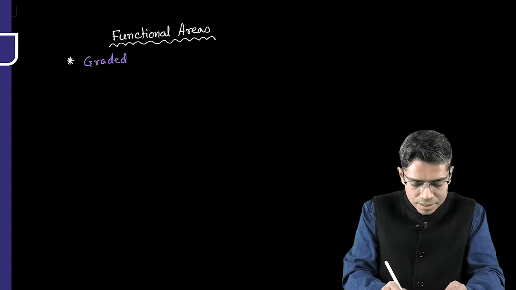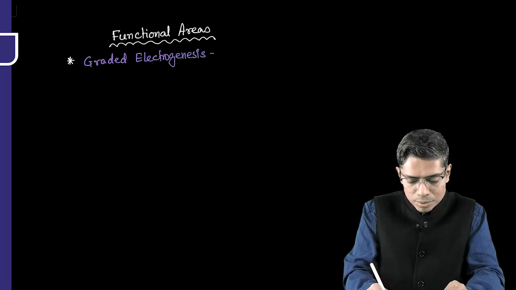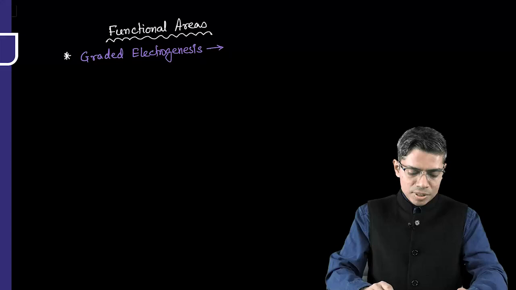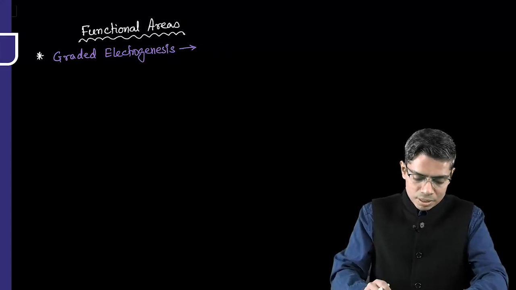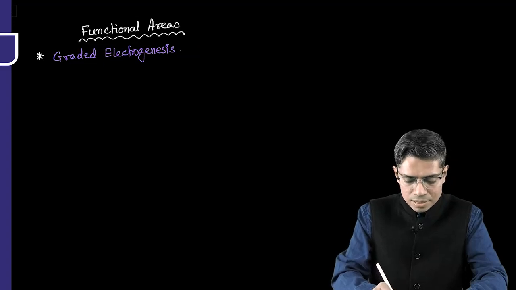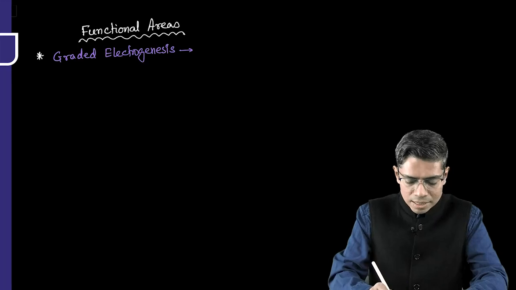Graded electrogenesis occurs in which part of the neuron? This is a little controversial question. Some of the MCQ books have given the wrong answer. Remember, the answer to this question, graded electrogenesis, is soma and dendrites.